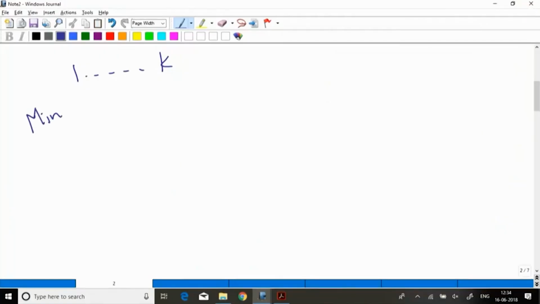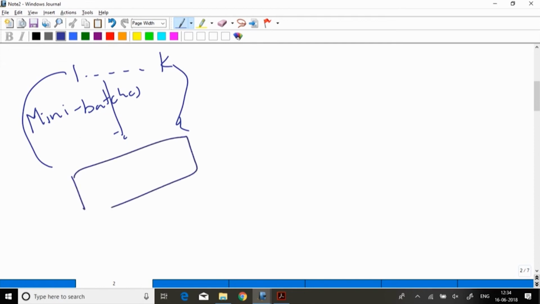So one way of parallelizing stochastic gradient descent is using mini batches. And how do you use mini batches? You take one random example from each machine and construct a mini batch.